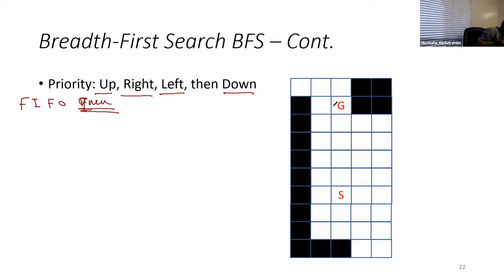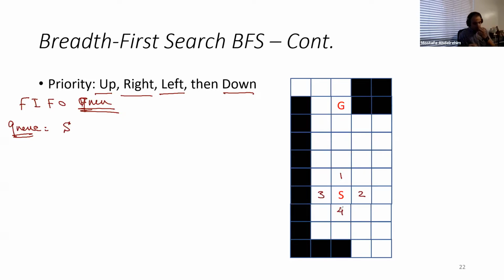So this is the queue in here. We will put our first node here, which is S. Since it is the only one in the queue, it's the first in and also the first out. So we'll explore S. We will go up, this is 1, right, 2, left, 3, down.